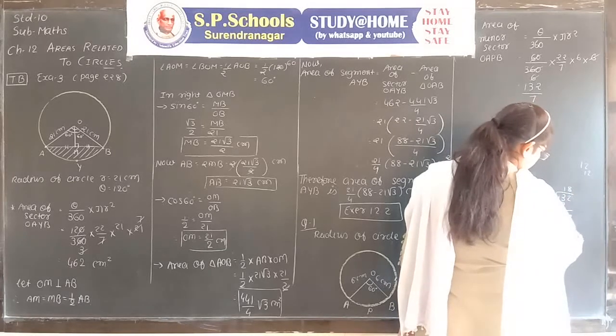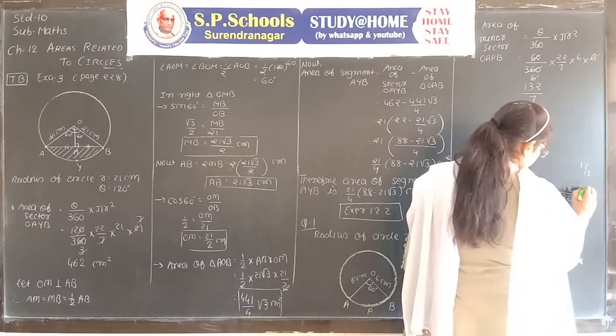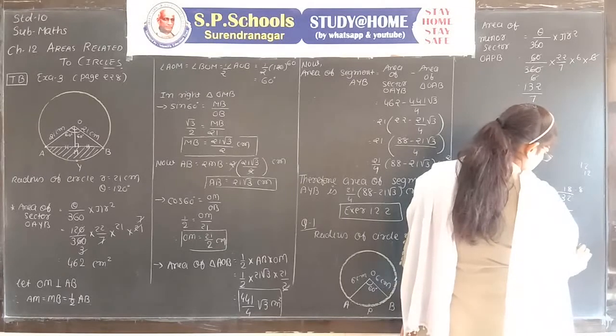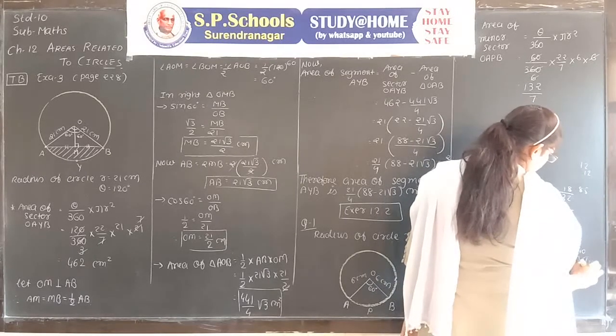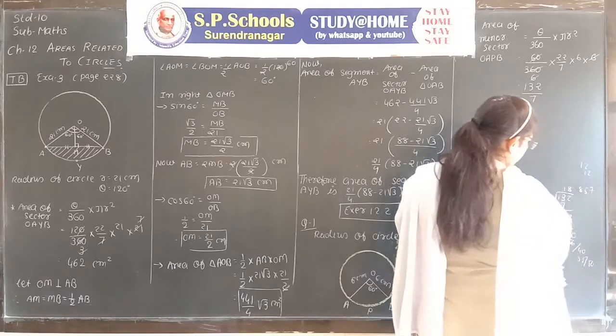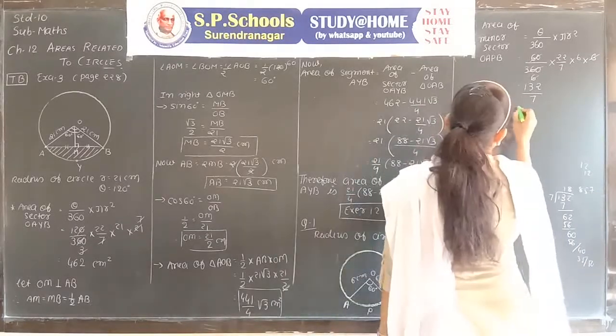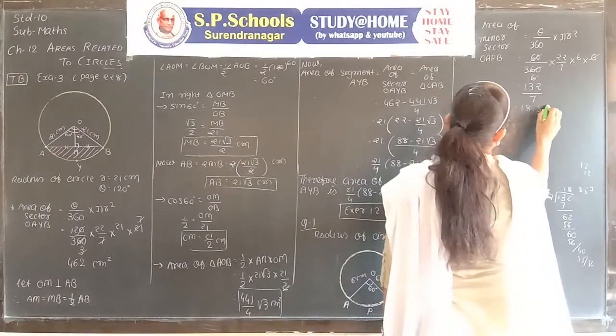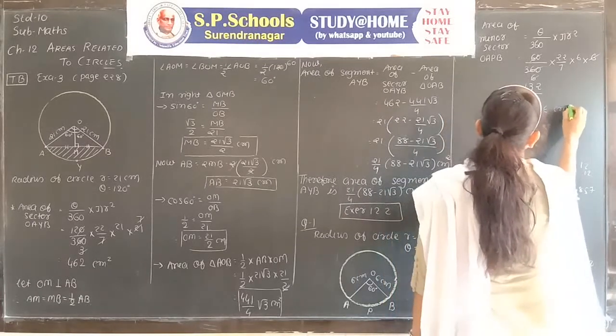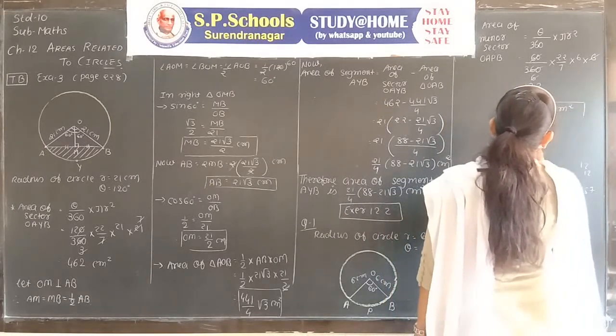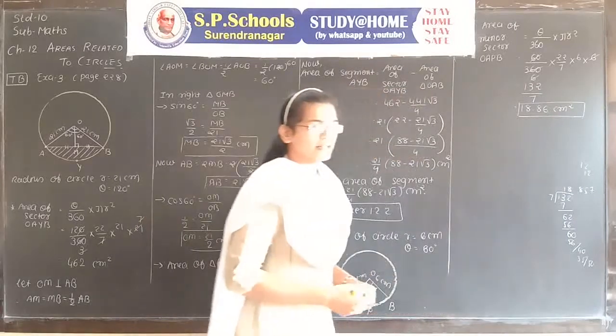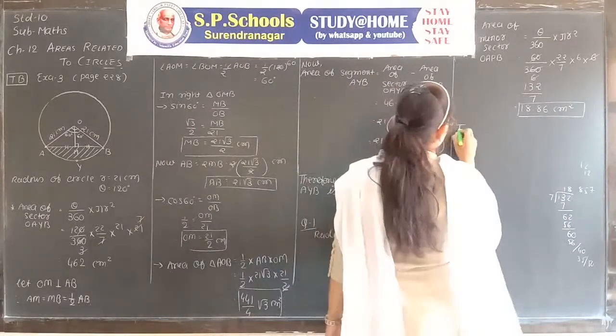We get 18.86. Unit is centimeter square. It is required area of sector.